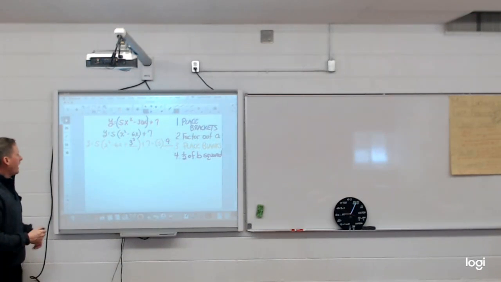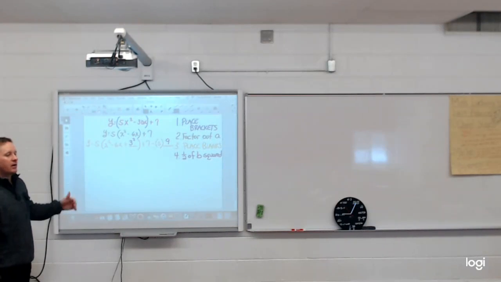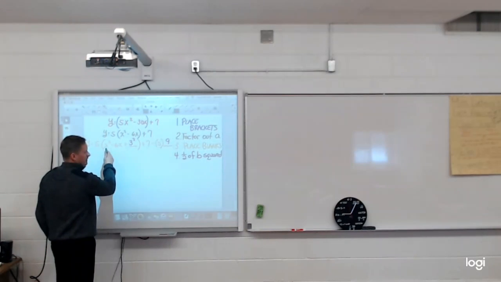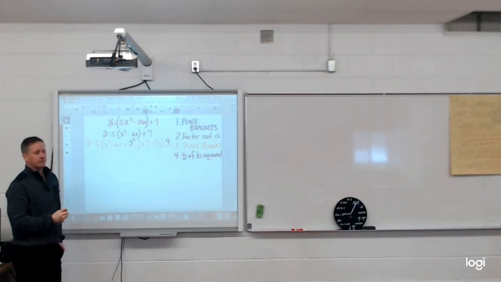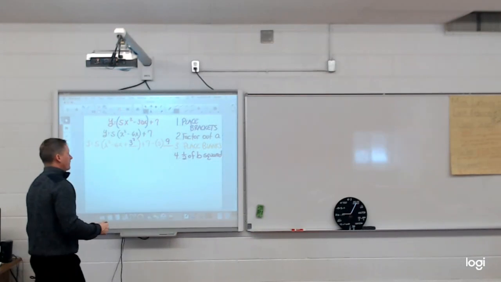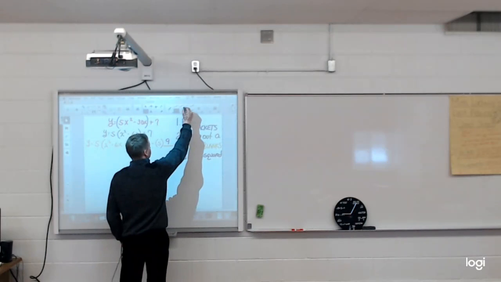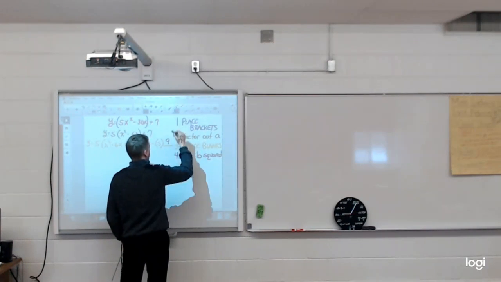All right? Now, what I have created is a perfect square trinomial. That means if I take the square root of this and the square root of that and times it by 2, I'll end up with my middle term. That's what a perfect square trinomial is. So my fifth step then here, go to black this time.